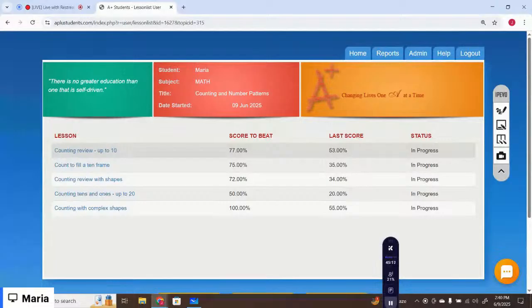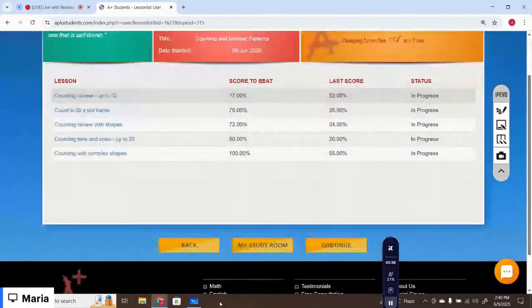The lessons we have covered today are counting review up to 10, count to fill a 10 frame, counting review with shapes, counting tens and ones up to 20, and counting with complex shapes. So please make sure that before the next session we complete all the practice questions for the lessons we just did. That is your homework until the next session.